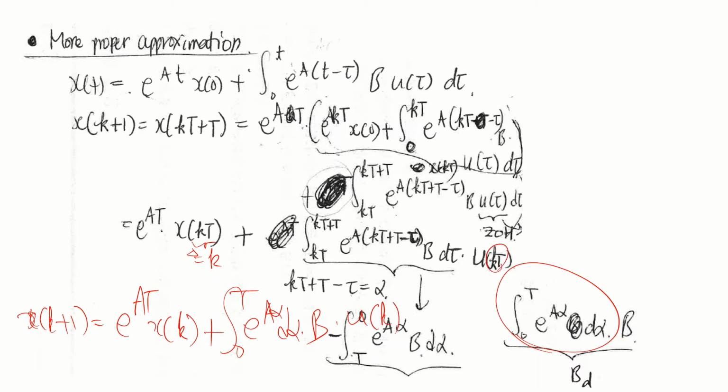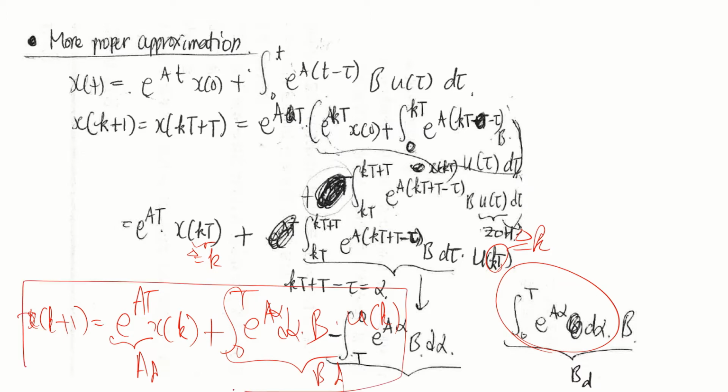Again, the kT is by definition just k. So you have this is A_d and this is B_d. This is the exact discretization of x of t.